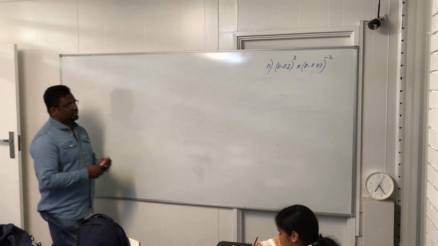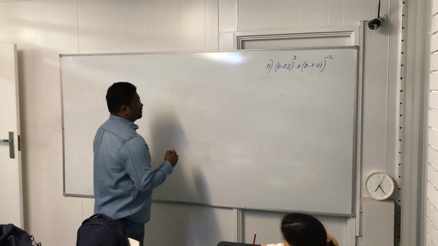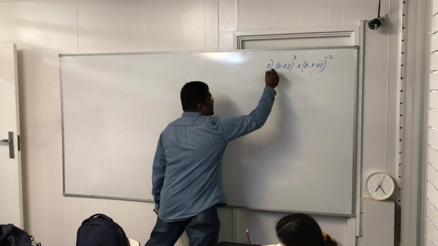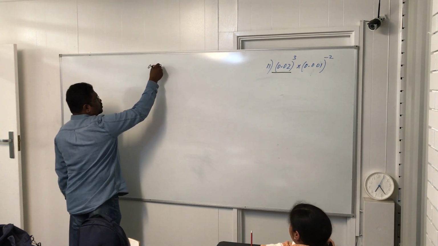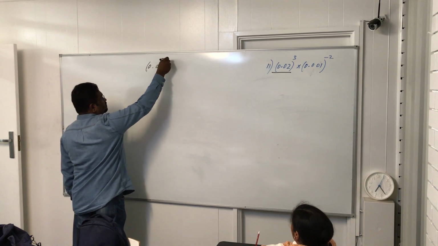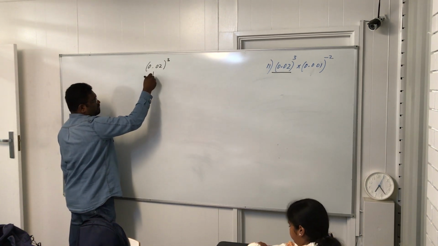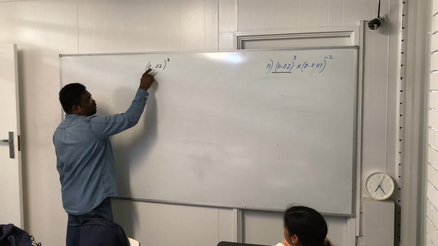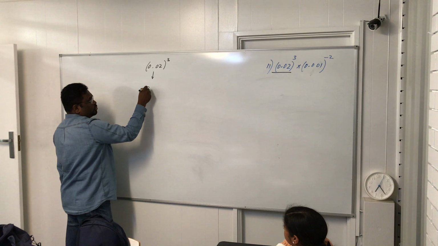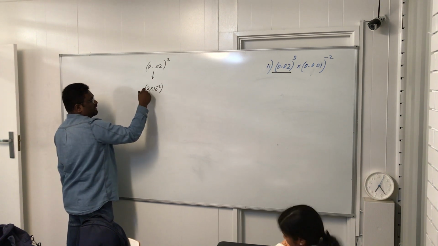Okay, so let's see this. I'm going to get this one first. Here, 0.023. So that would be what? 0.032 is 2 times 10 to the power minus 2, 3.